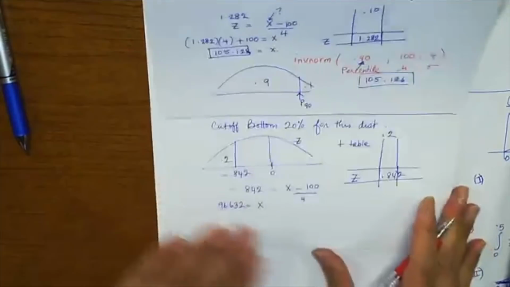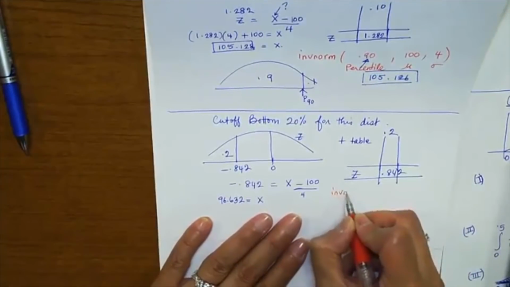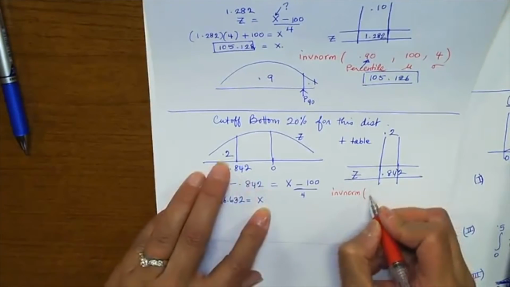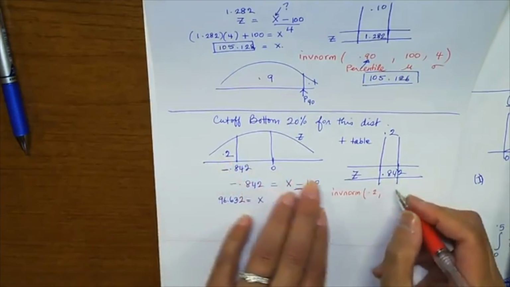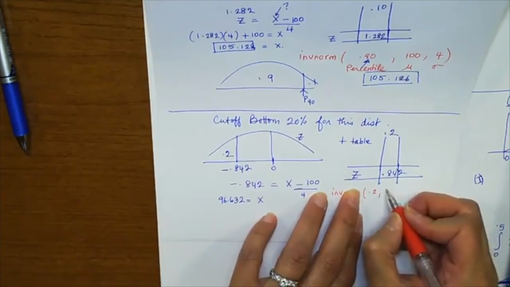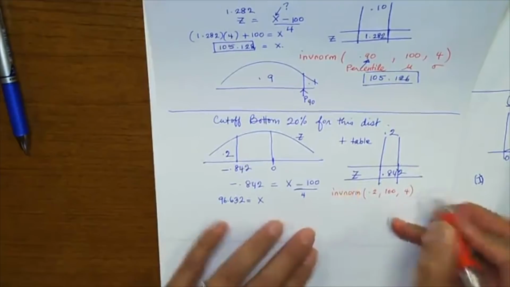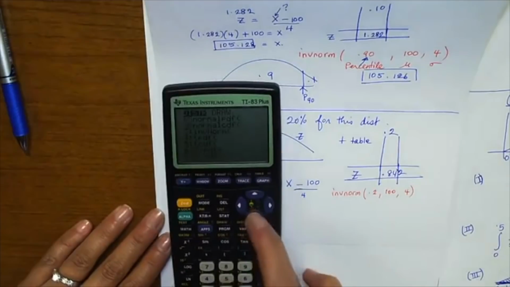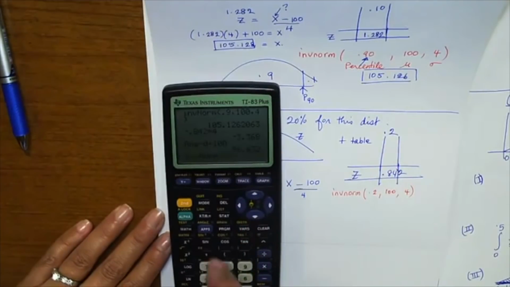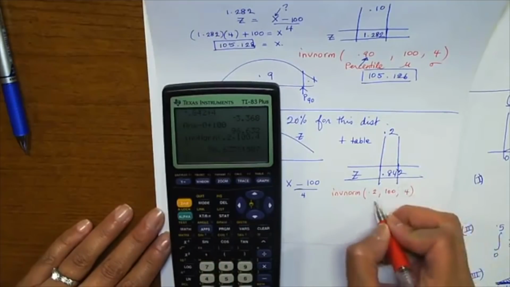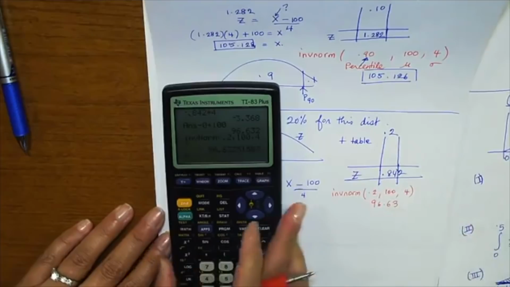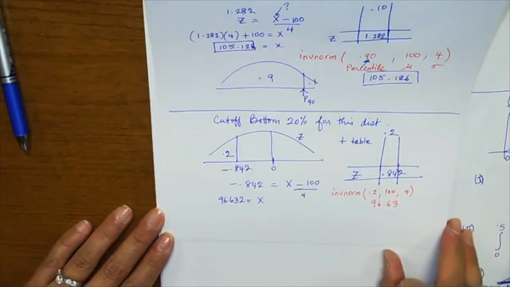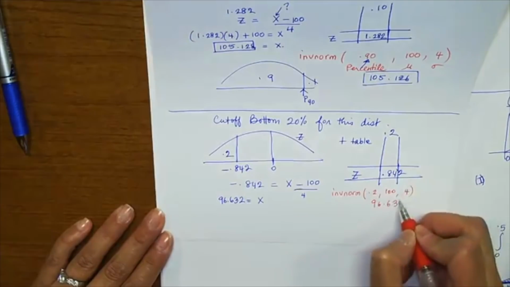Or you just take the easy way. Inverse norm, percentile is 0.2, mu is 100, and sigma is 4. Let's do it. Second distribution, inverse norm, 0.2 comma 100 comma 4. 96.63. I got 632, 634.